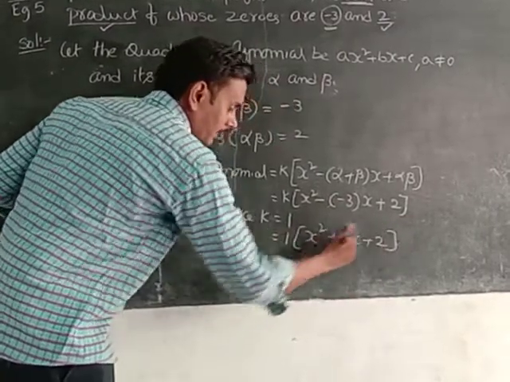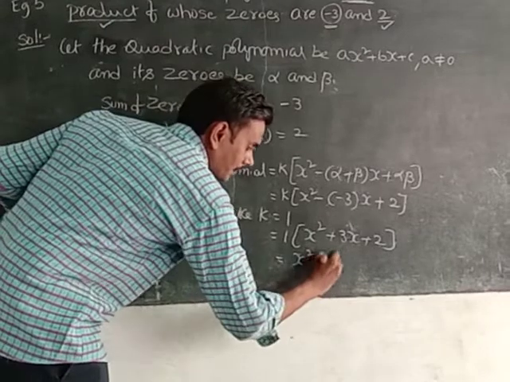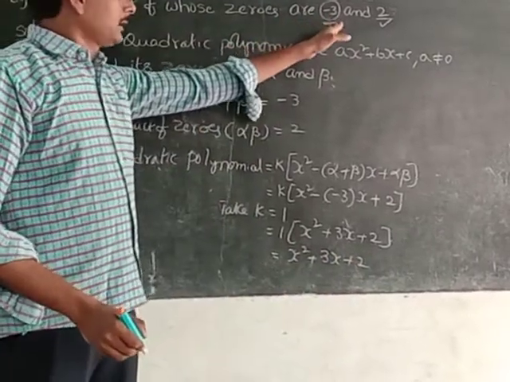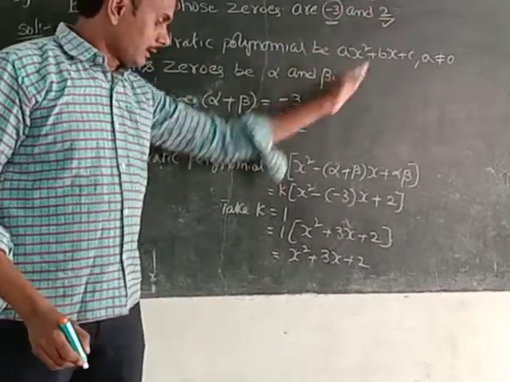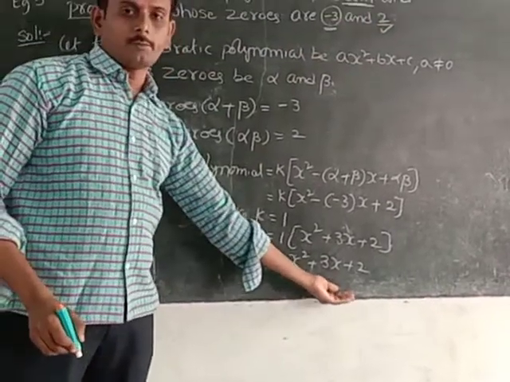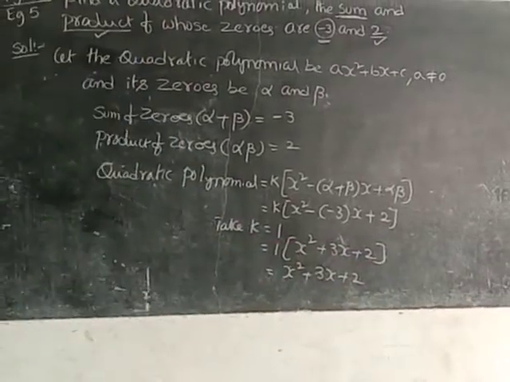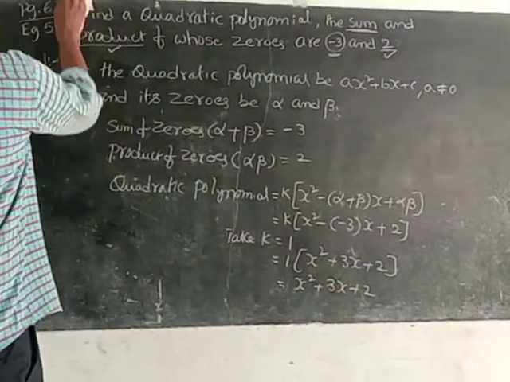Multiplying with 1 we get the same: x square plus 3x plus 2. Whenever the sum of zeros is -3 and the product of zeros is 2, we get the quadratic polynomial x square plus 3x plus 2. That is the solution. We go for the next example, example 6 on page number 64.